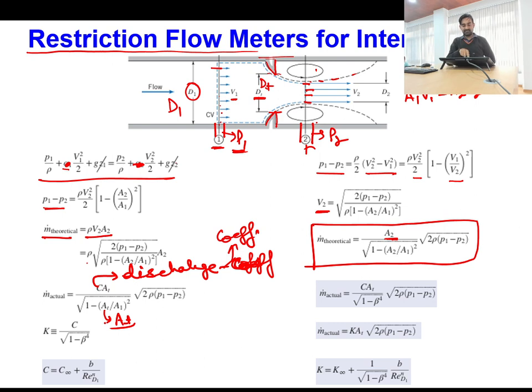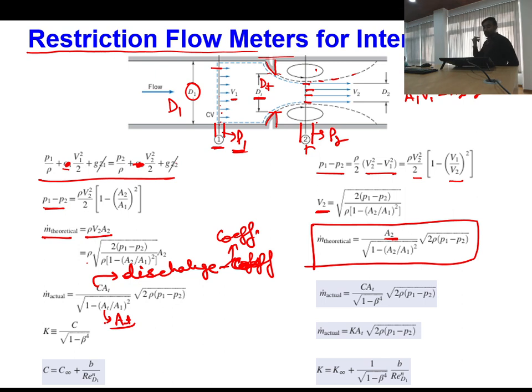But because we provide this restriction in the pipe section ourselves, we can decide the diameter of the throat. That's why, for practical scenarios, it is important to use the diameter of the throat instead of the diameter of the vena contracta. Is this point clear?